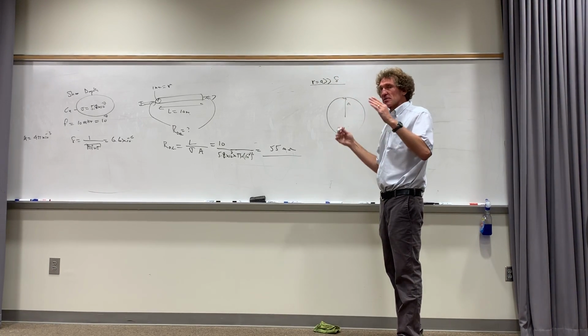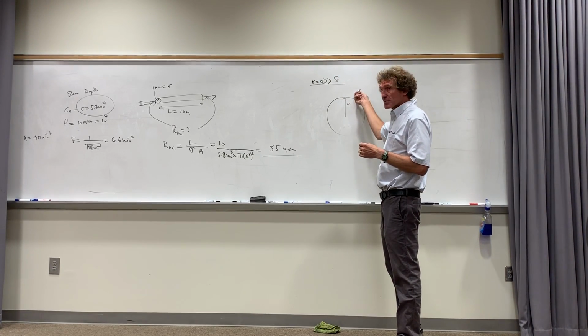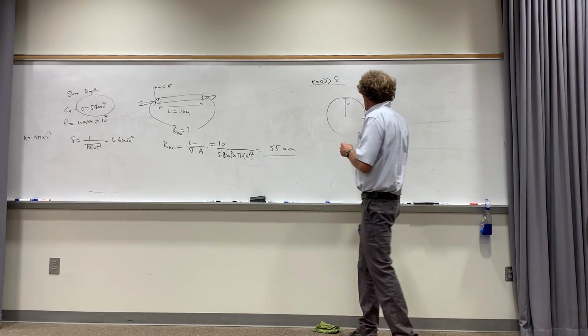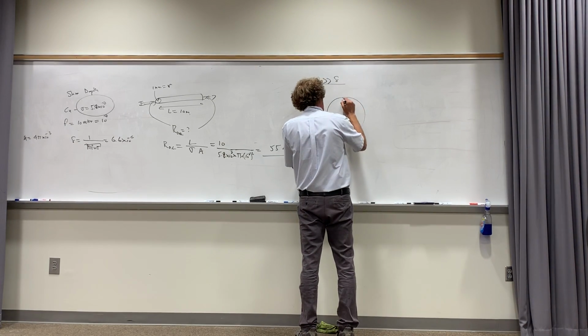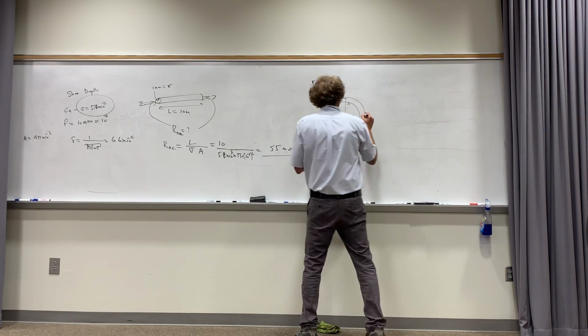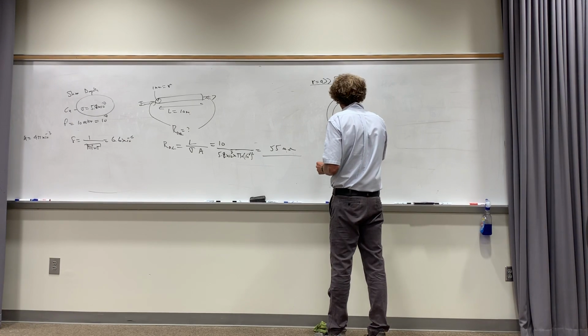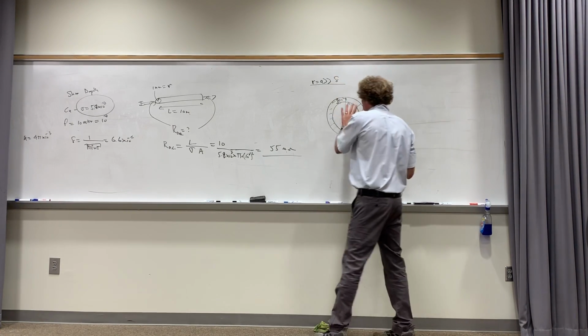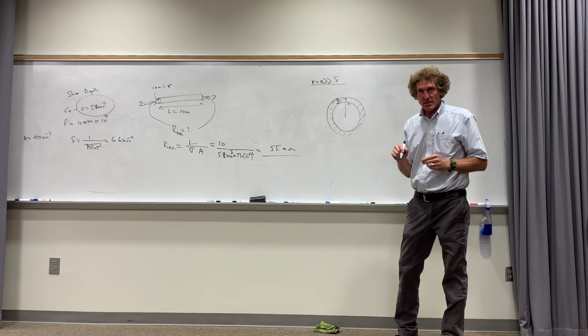But now the signal only penetrates from the outside of the wire in by one skin depth. If I draw around here, going one skin depth in, that's now the cross-sectional area. You follow me on this, class?